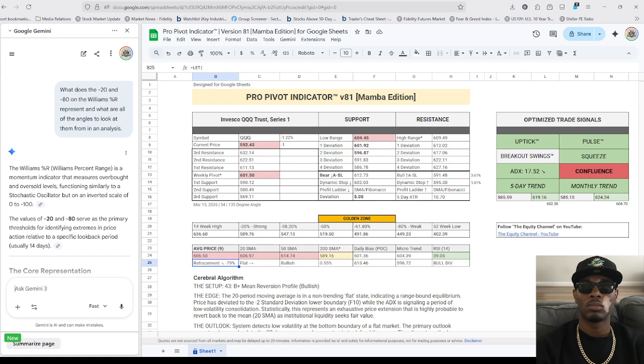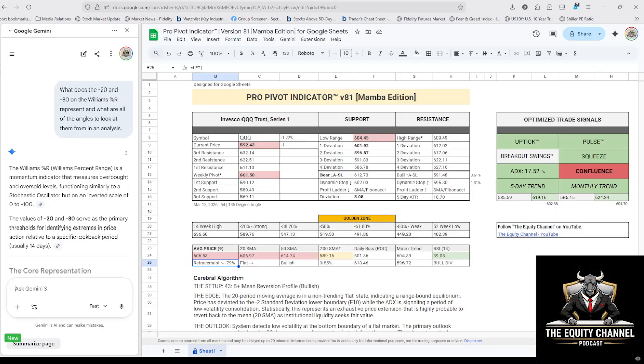So it says the Williams percent R is a momentum indicator that measures overbought and oversold levels, functioning similar to a stochastic oscillator, but on an inverted scale of 0 to negative 100.